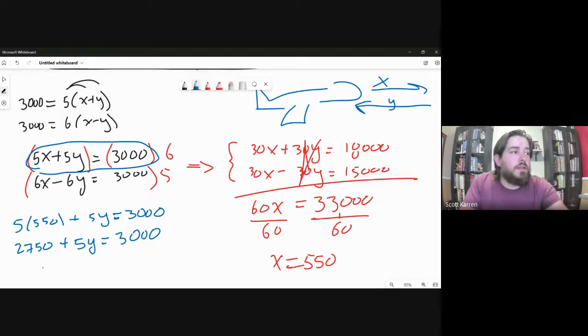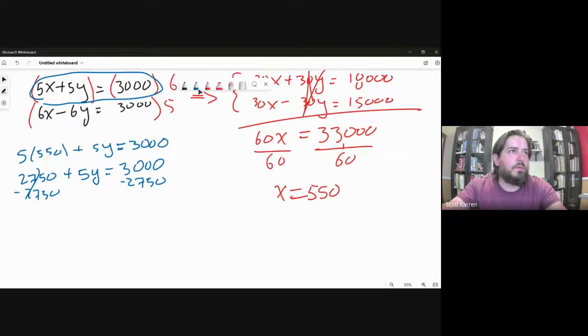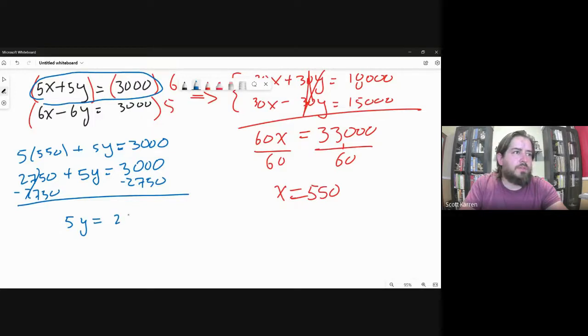And then I'll subtract 2,750 from both sides. This gives me 5y equals 250. And if I divide each side by 5, I get y is equal to 50.